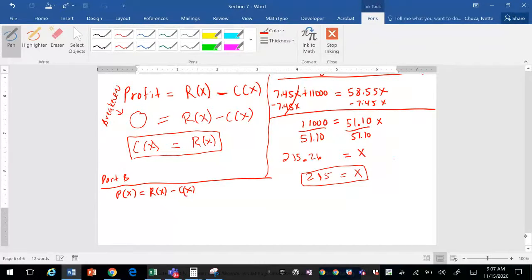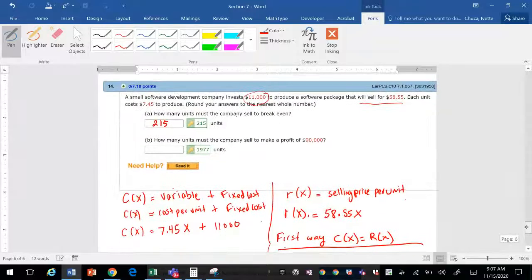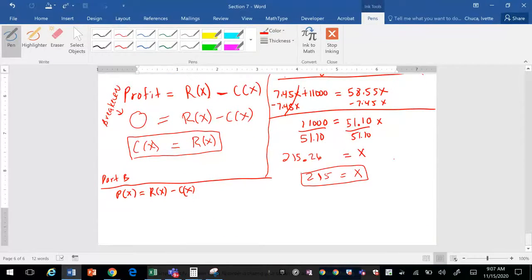They're telling me to make a profit of 90,000, so I substitute 90,000 is equal to the revenue minus the cost for x.